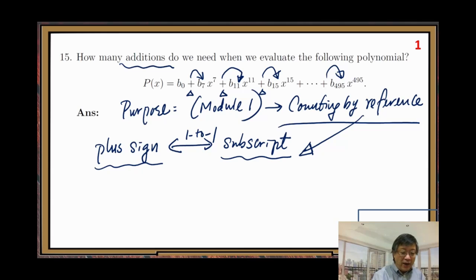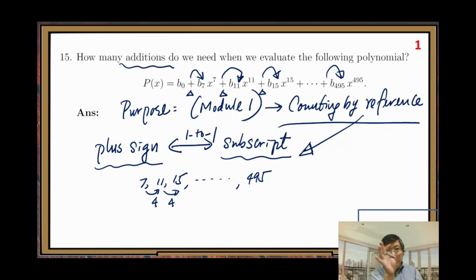Next, when you list the subscripts 7, 11, 15, and so on, the last one is 495. Here you can see the difference is 4. The difference between any two adjacent numbers is 4.